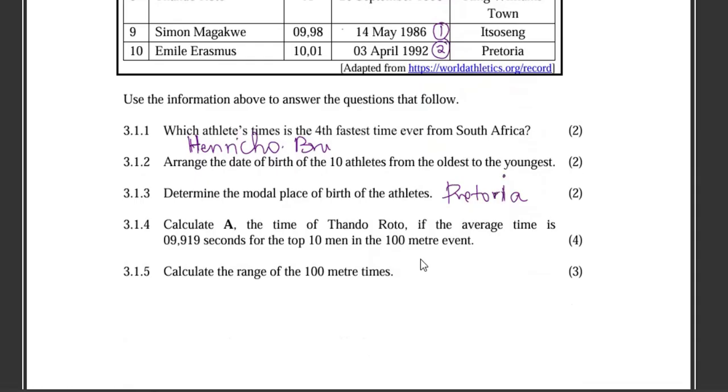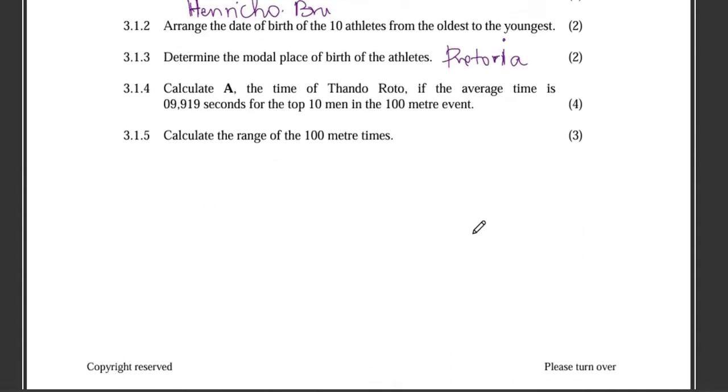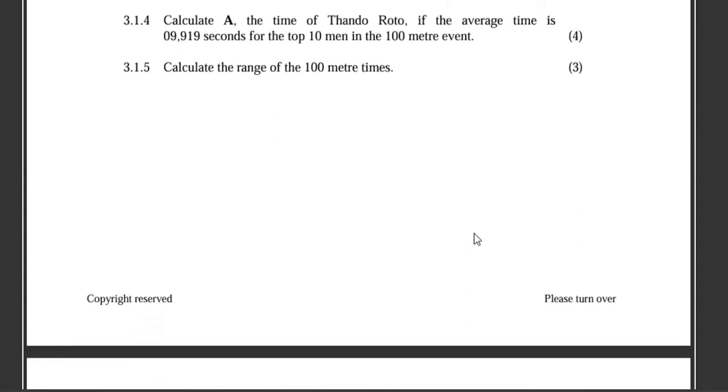Okay. Calculate the value of A, the time of Turbo, if the average time is given. They have already given, so what do we have at this moment? We have already the mean. The mean is given as 9,91. So ask yourself, how did they get the mean?